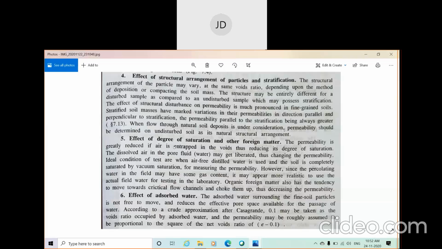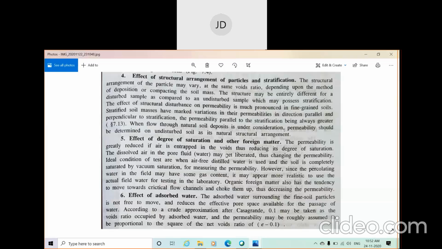Next point is the effect of degree of saturation and other foreign matter. Now, in a simple statement, we can say the permeability is greatly reduced if air is entrapped in the voids, thus reducing its degree of saturation.